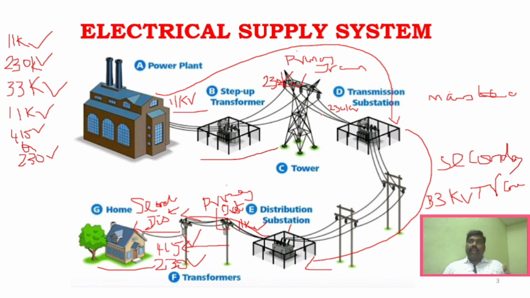These are overhead transmission lines. Overhead cables are a little less expensive when compared to underground cables, and these are in remote areas outside the cities. So mostly we prefer overhead cables there, whereas inside cities we prefer underground cables, right, because of safety reasons.